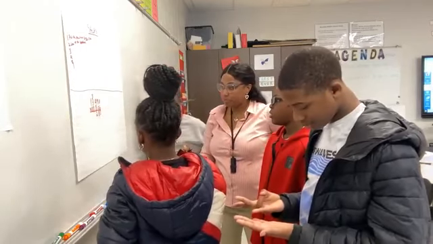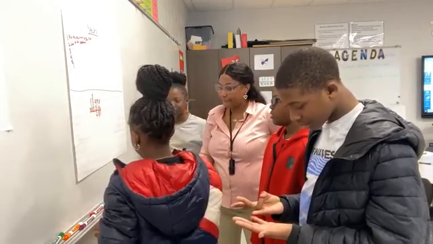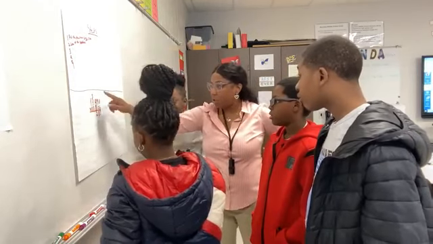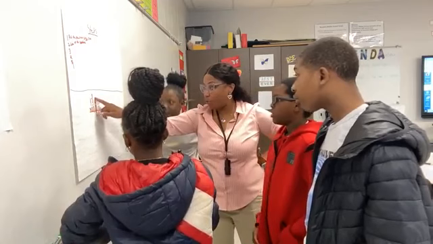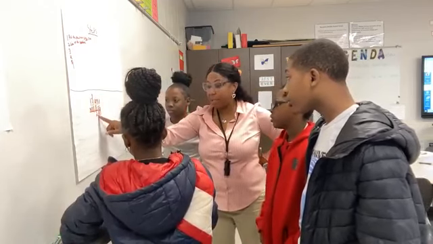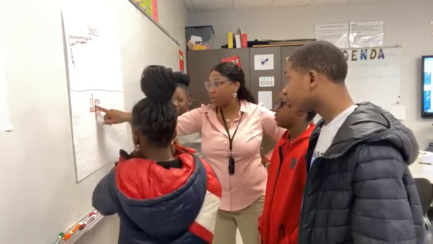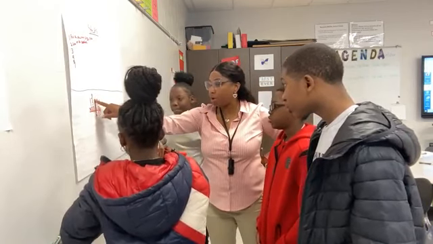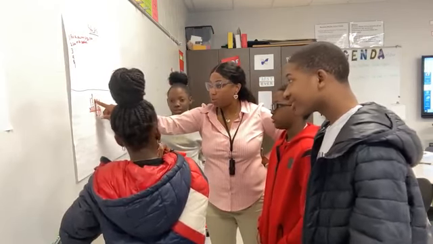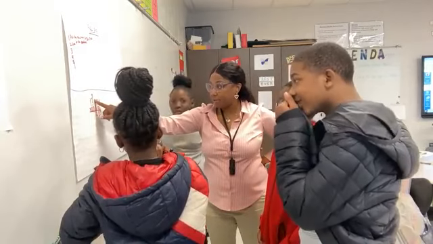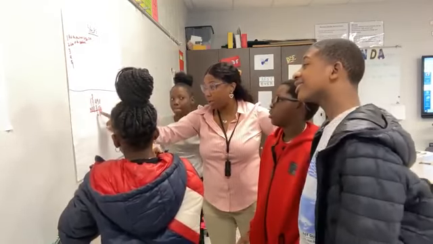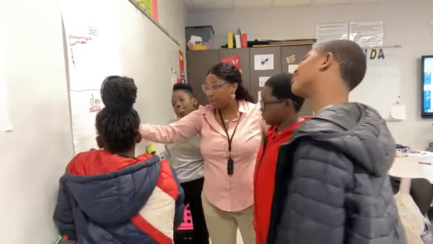The answer is 54. Okay, so you put a 5 over the 4, and the 4 should have been right here. Now 6 times 4 is what? 24. Plus 5 more, 29. Okay, a 2 should be right here, a 9 should be right here.